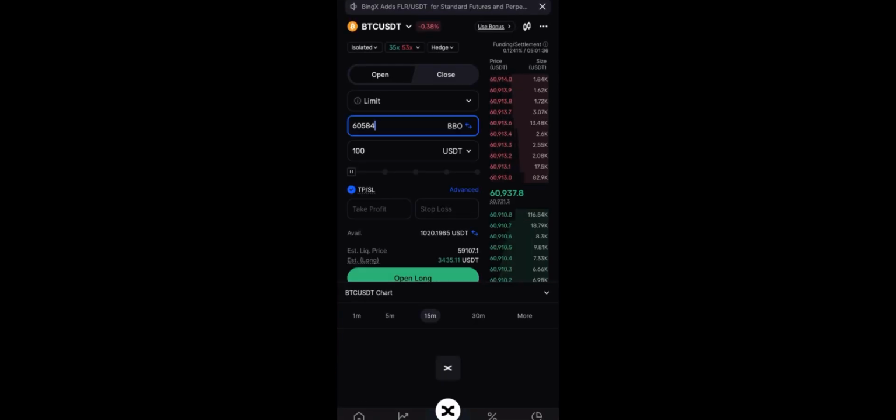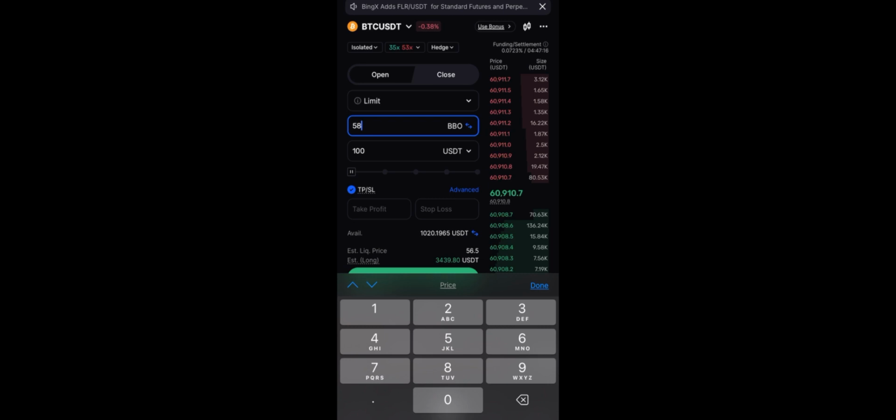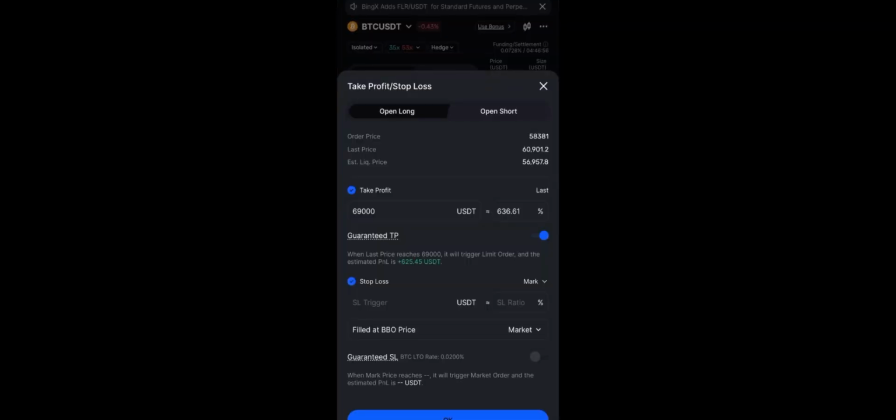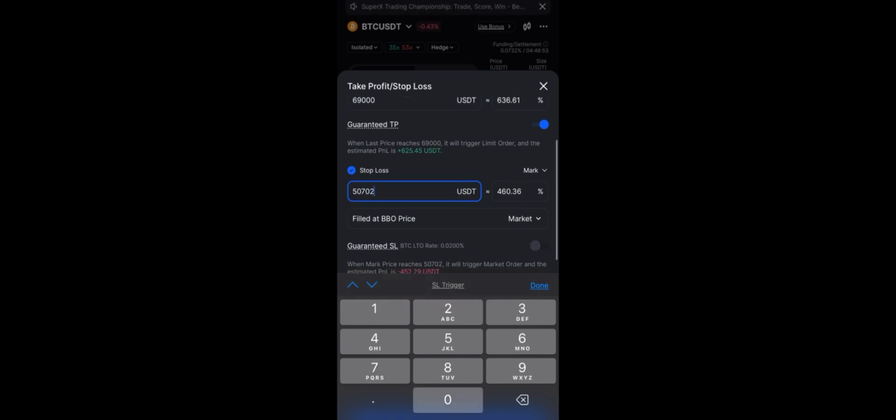So now we have the second trade opportunity, 58,381. We can do again 69,000, and then stop loss is 57,707. But you can see that here on the right hand side, 58,702.